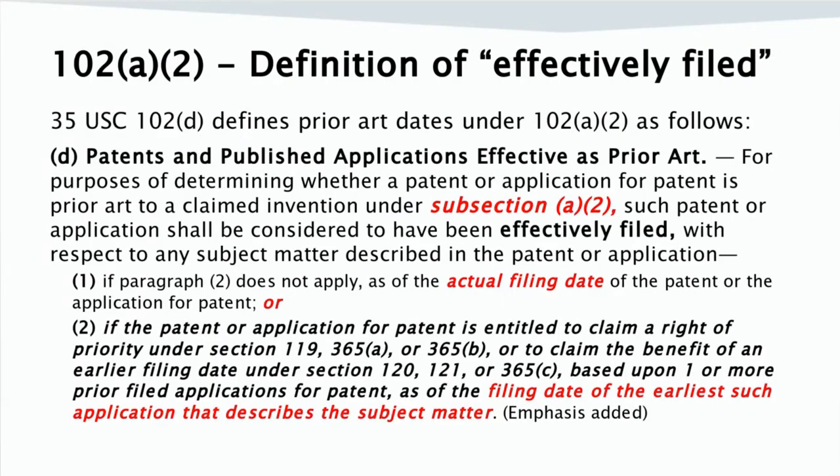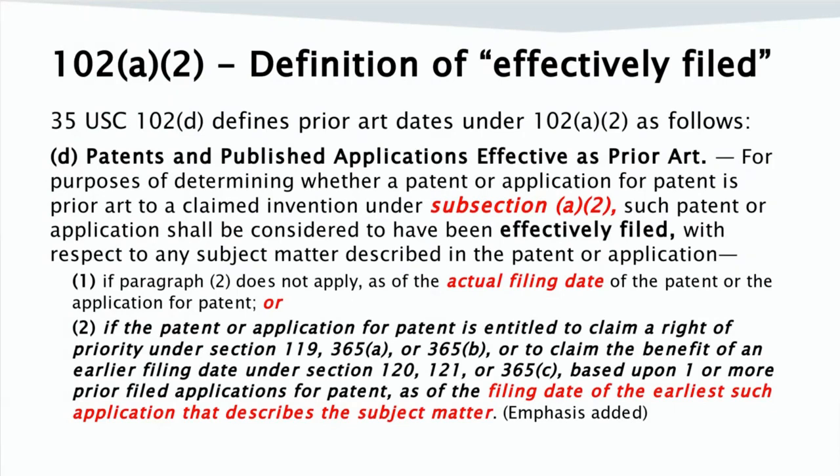The date a U.S. patent document was effectively filed is the 102(a)(2) prior art date for that U.S. patent document. Section 102(d) defines effectively filed. In accordance with Section 102(d)(1), the effectively filed 102(a)(2) prior art date can be the actual filing date of the application that issued or published as the U.S. patent document.